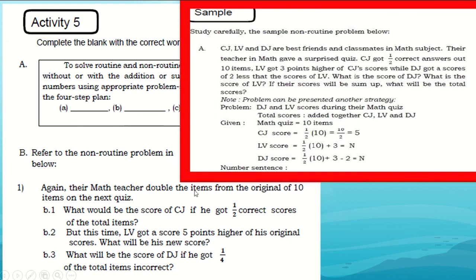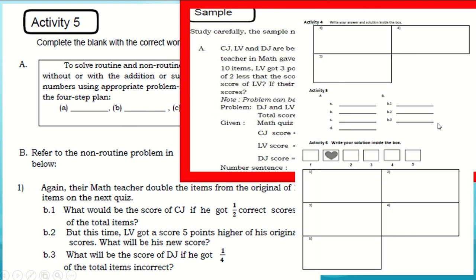Based on that number of items, 20 items na ngayon. So, sasagutan nyo ngayon to. Kung 20 items, anong score ni CJ? Kung 20 items at 5 points higher na si LB, ano yung score niya? So, you're going to write your answer for activity 5 on this part. This is for A and this is for B.